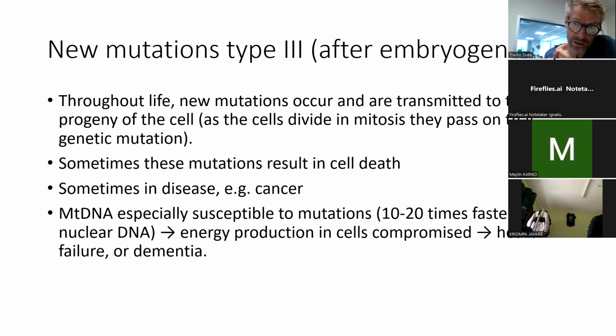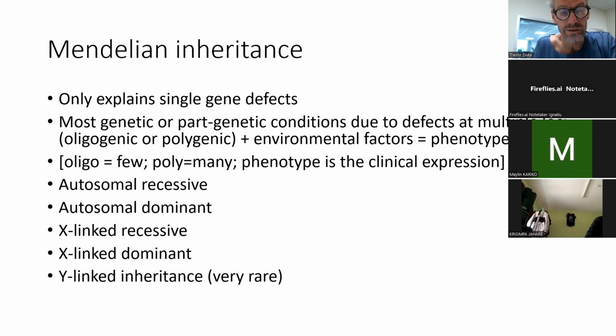If there's a genetic mutation that occurs after embryogenesis in some mitochondrial DNA, then that can lead to organ dysfunction and energy problems within cells, such as heart failure or dementia. Now, that's not the sole cause of adult chronic diseases, but it is partly a cause, genetic mutations that occur with age in mitochondrial DNA.